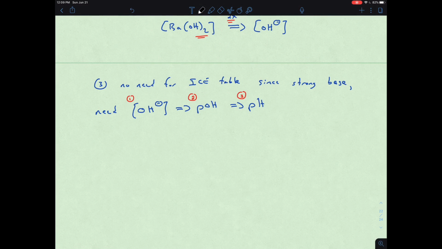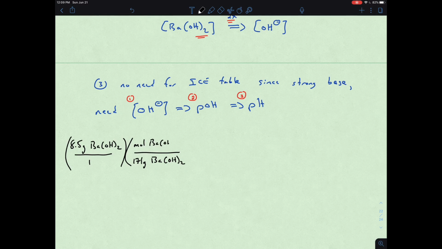So if we start with our mass, we have 8.5 grams of the barium hydroxide. Again, that's our measurement here. And if we divide by 171 grams, we can get into now moles of barium hydroxide.